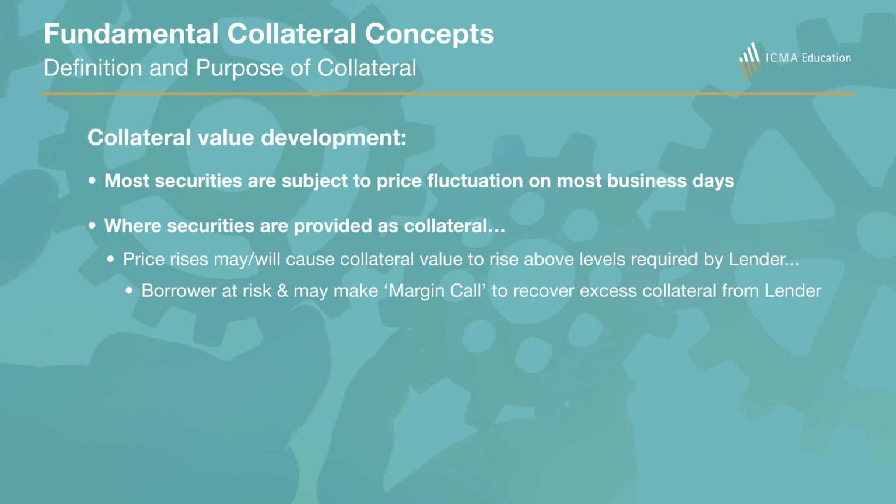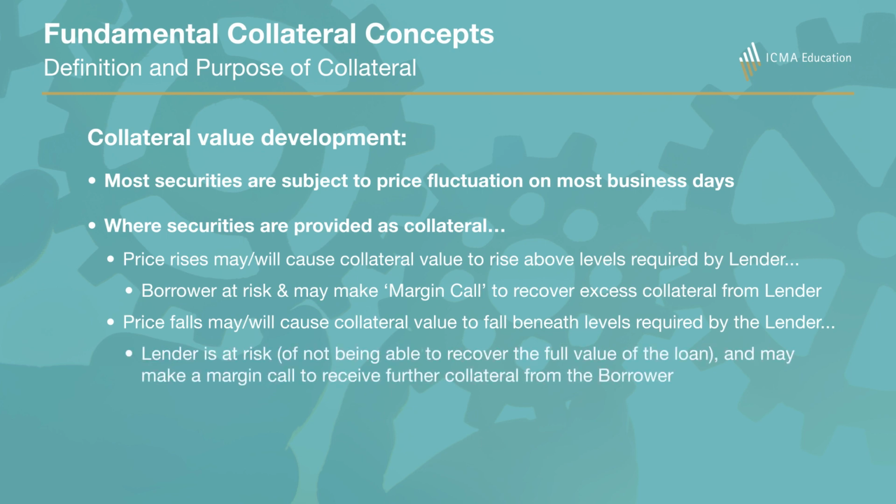Conversely, if the price decreases, it may cause the collateral value to fall beneath the levels required by the lender, and now the lender is at risk of not being able to recover the full value of the loan and may make a margin call to receive further collateral from the borrower.